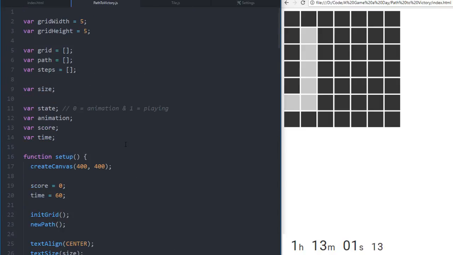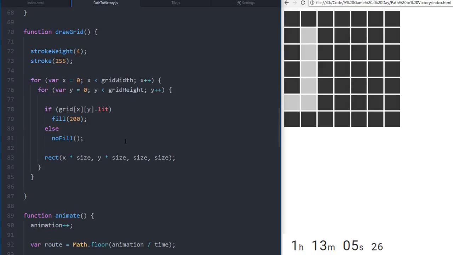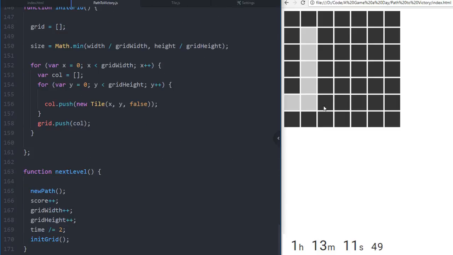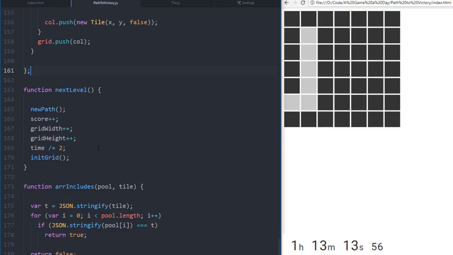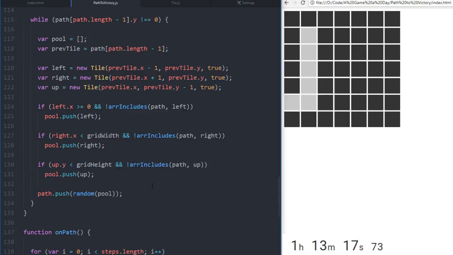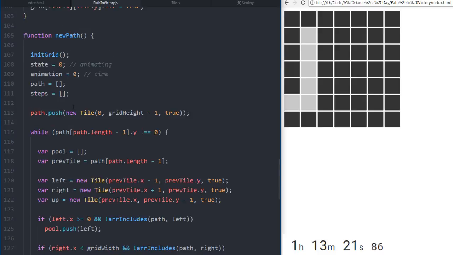Let's see. What happens? What happened? What did I mess up on? Oh, right. Okay. So it's always going to start at 0, but when we say new path, where is this? New path.